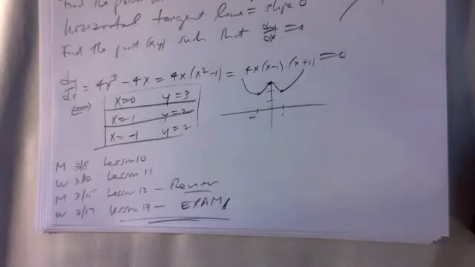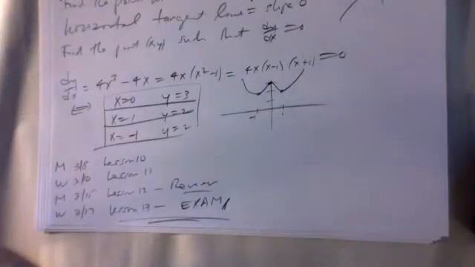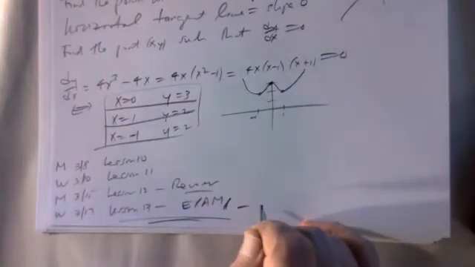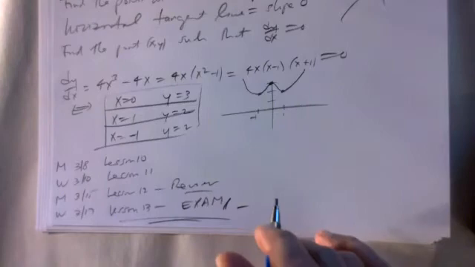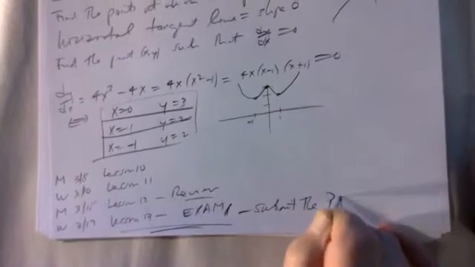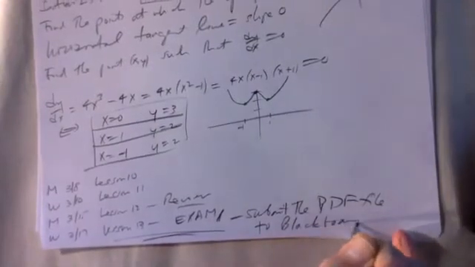By 3 o'clock, which is more than the allotted time because of the technical issues you always deal with, you have to have made a PDF copy of what you've written out on paper and upload it to Blackboard.